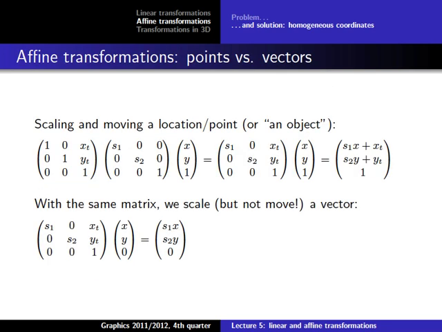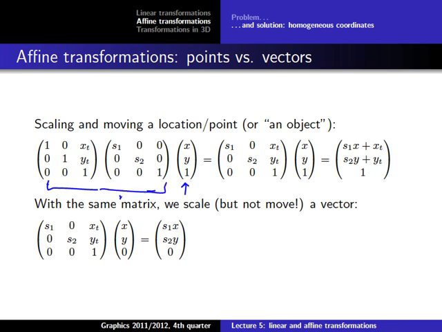This is the combination of scaling and moving. So we have a vector representing a position or an object, like a corner of a triangle, the vertex of a triangle. And then we multiply with a scaling matrix. So we scale it to a new position, and then we apply a translation matrix, then we translate it, and we know that we can also compose those matrices and get one operation out of it.